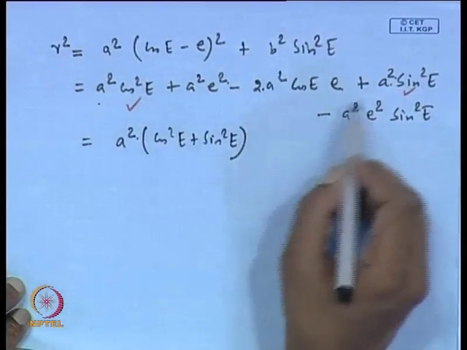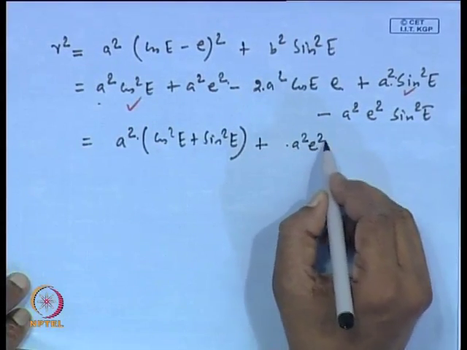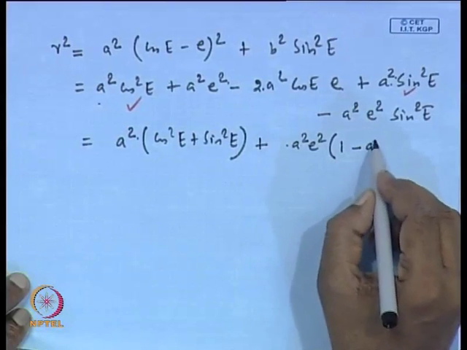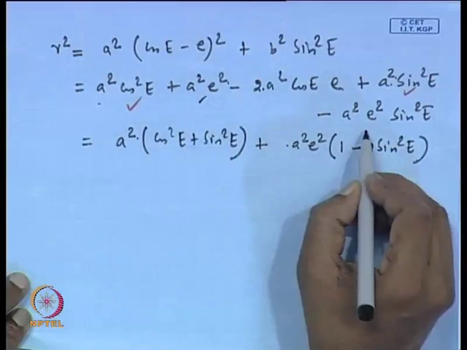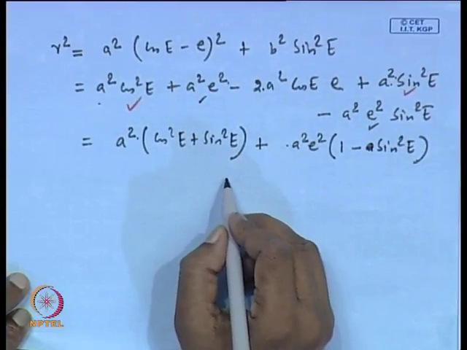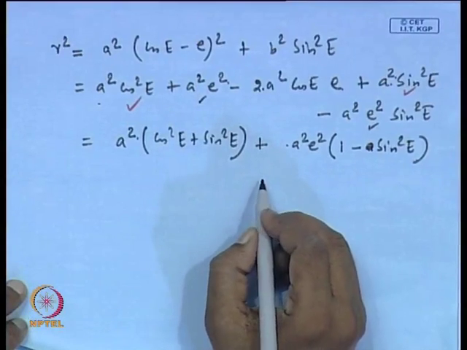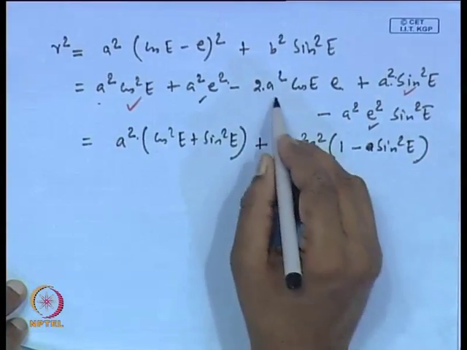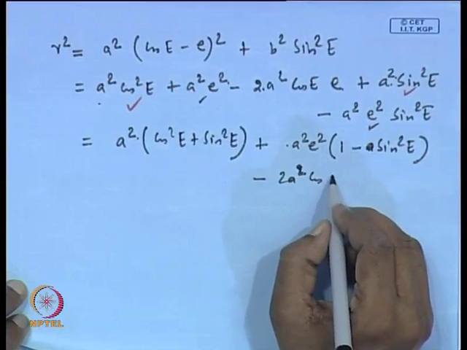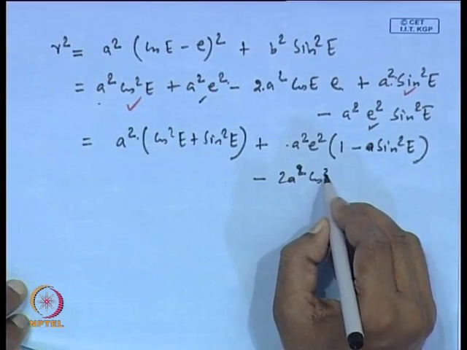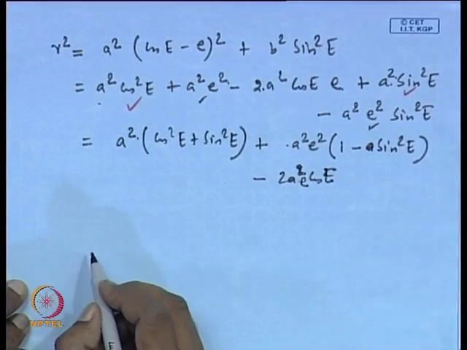So, these two terms we have accounted for, and then we have a square e square taking common, 1 minus sin square e, taking this term into account, and then we have the last term, 2 a square e times cos e.